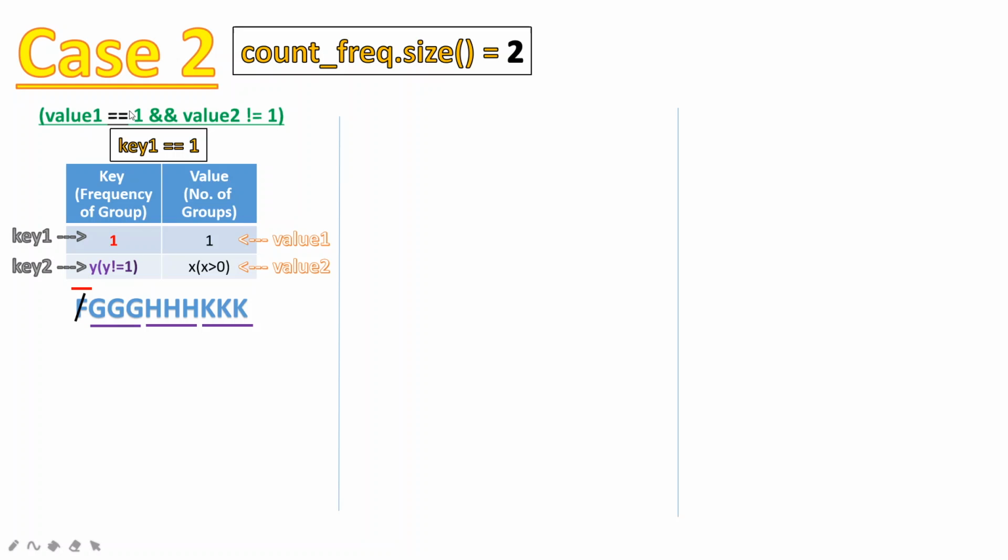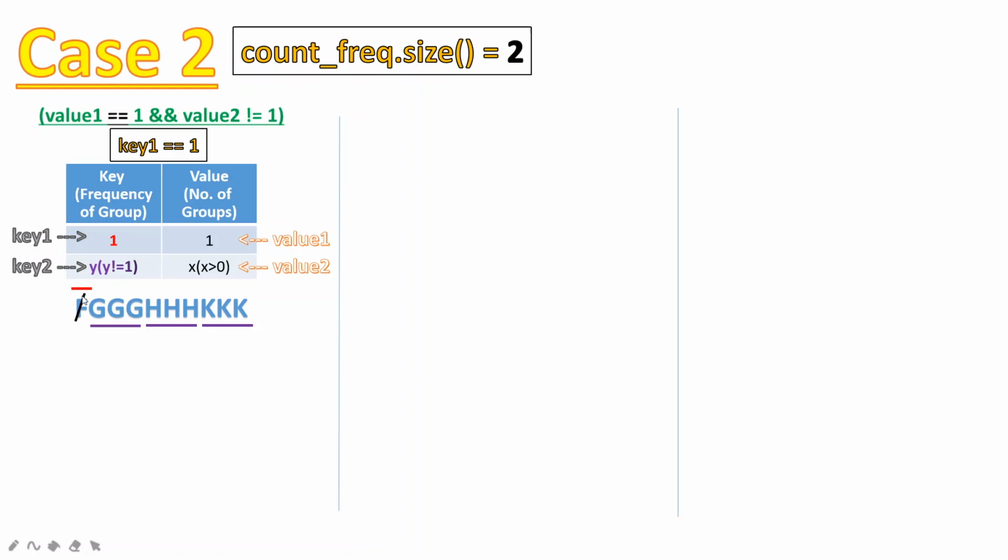So this condition is that whatever value, either the first value or the second value, that is value 1 or value 2, whatever the value is, like in this case, value 1 is equal to 1, then if the corresponding key is also 1, that indicates it's some sort of single-element group, and we can actually remove it. So we don't need to add or subtract anything in the array or remove any element.